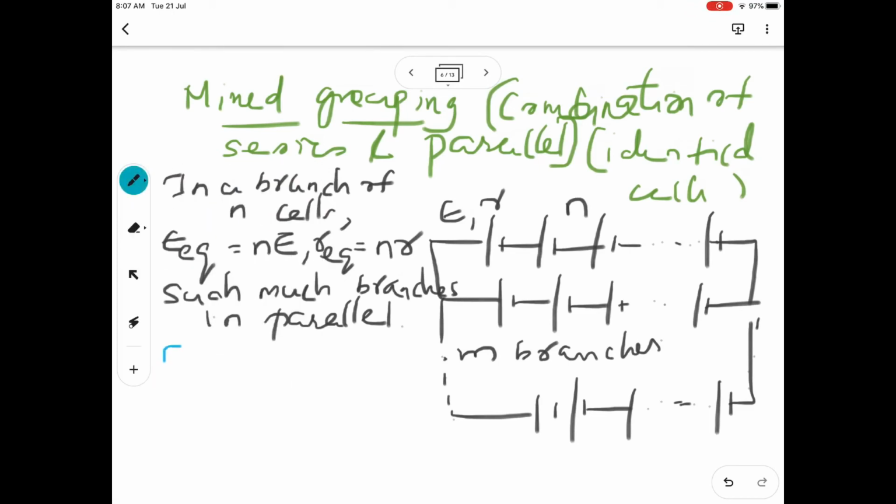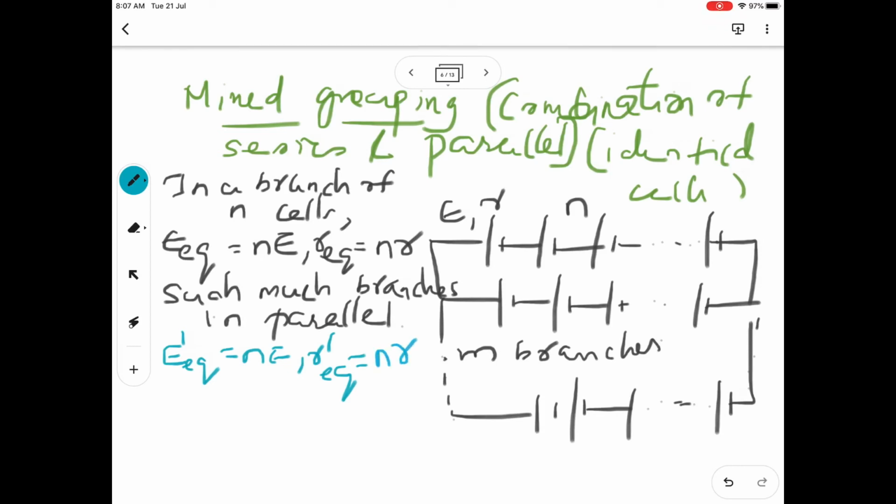So overall equivalent EMF, E equivalent dash, must be nE itself, because when you have identical cells in parallel combination, net EMF will be one of those. One of those means in each branch we have nE. So nE itself will be the overall EMF, even when you have nE over m branches in parallel combination.